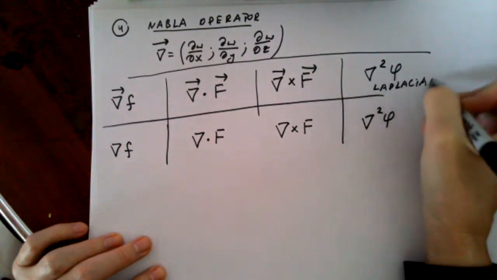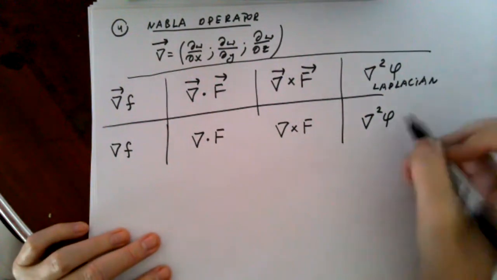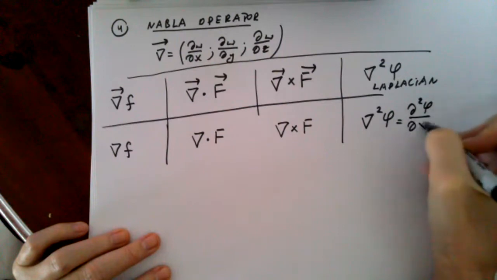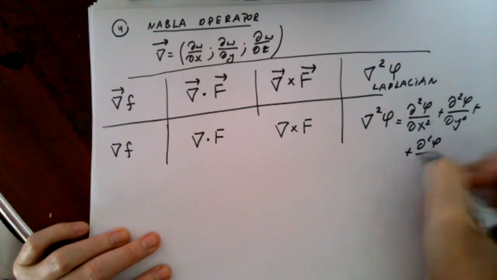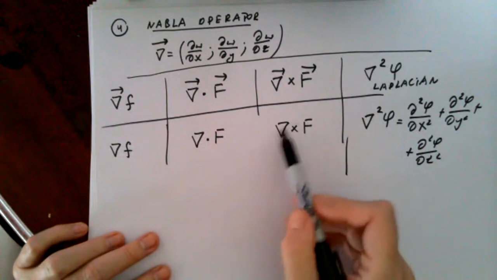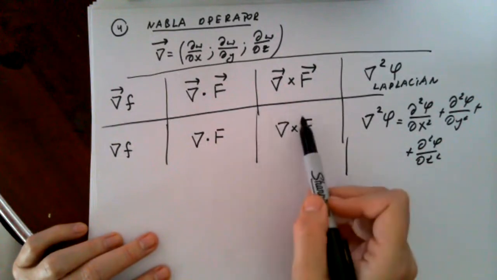As for Laplacian, I think that you already have a cheat sheet. Laplacian is like the sum of the second derivatives. It will be written like this and that. I think no problem with the nabla. It's easily recognizable. And this guy is very recognizable as well, even though you don't see any arrows at the top of the vector.